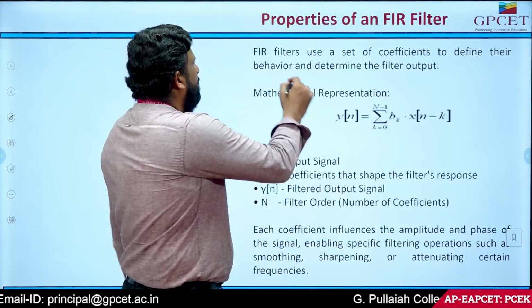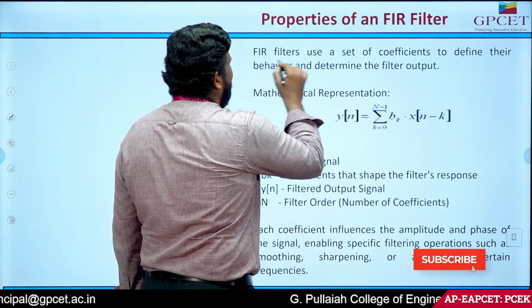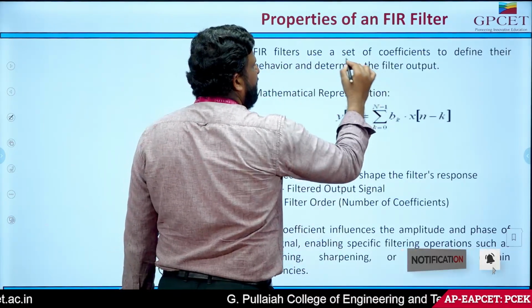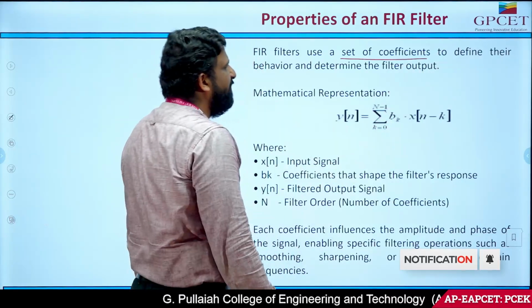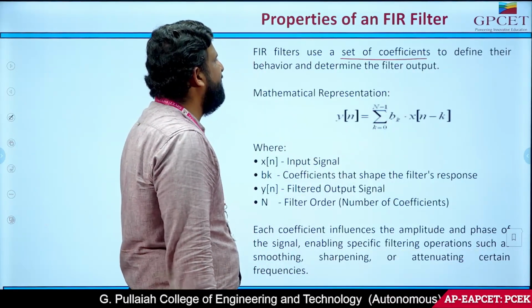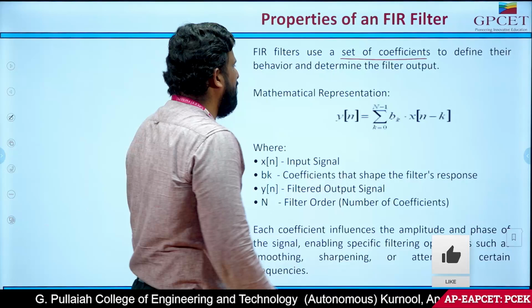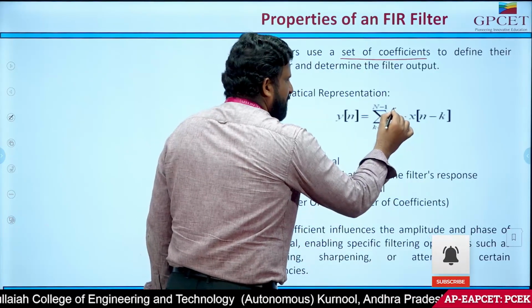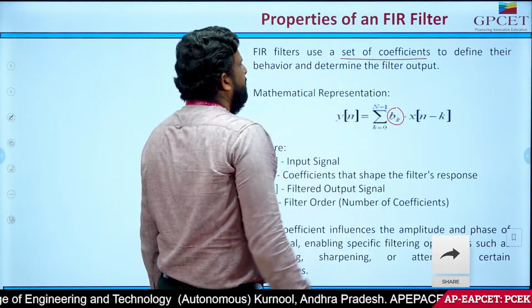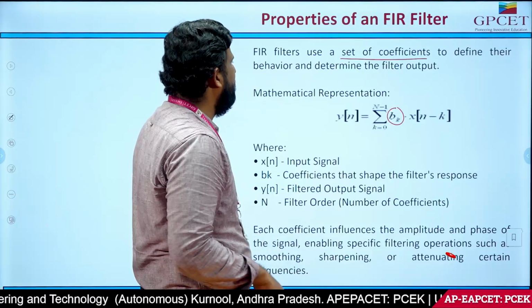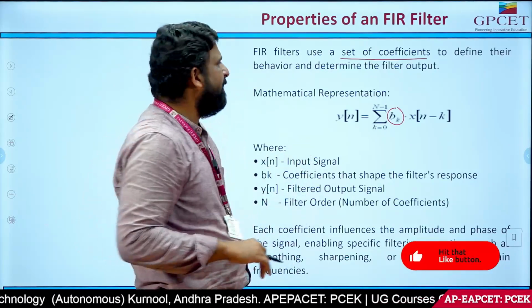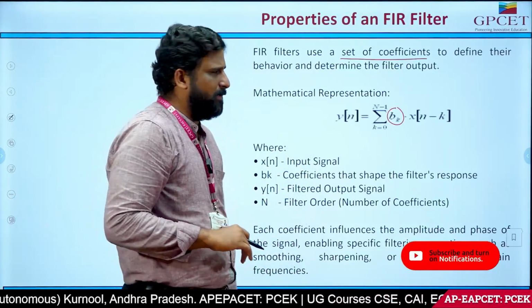As we have already seen, FIR filters use a set of coefficients to define their behavior and determine the filter output. See here, the set of coefficients defines the behavior of the system and determines the filter's output.